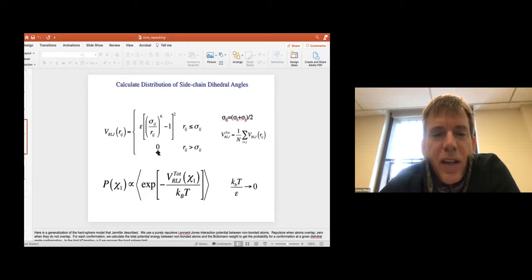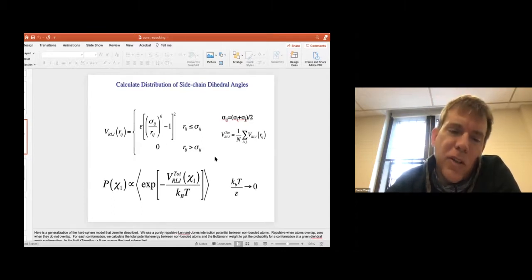And so we basically can evaluate this energy for all pairs of atoms and get a value of the energy. And then we can Boltzmann weight it, to basically take the exponential of the total energy divided by the temperature to find a probability distribution for having a particular atomic configuration. And in this case, it would be for having a particular sidechain dihedral angle.